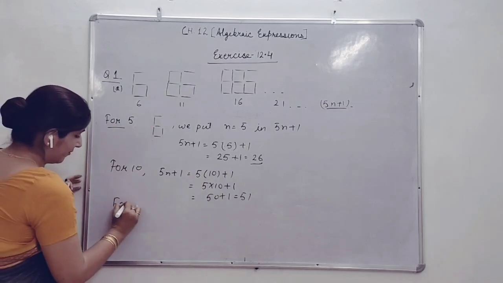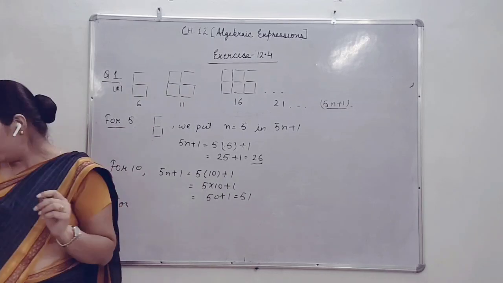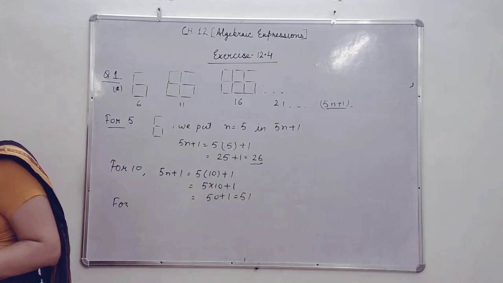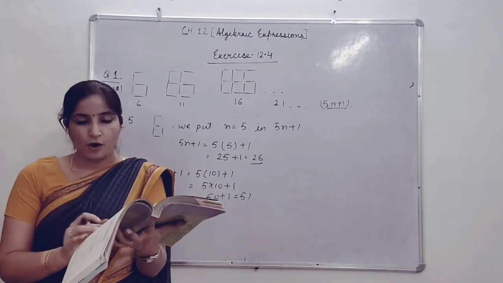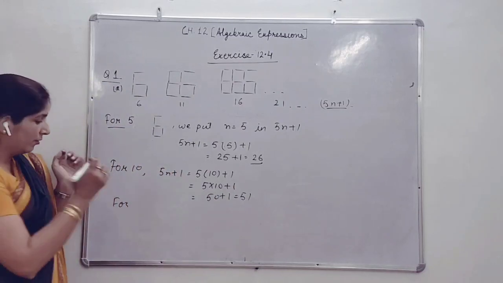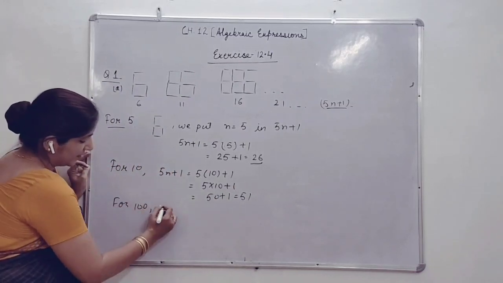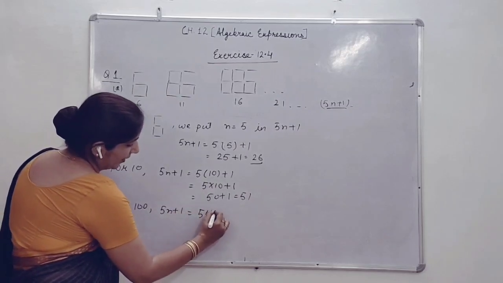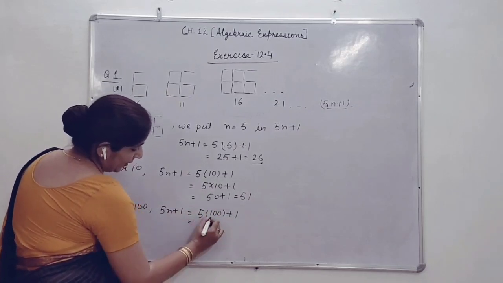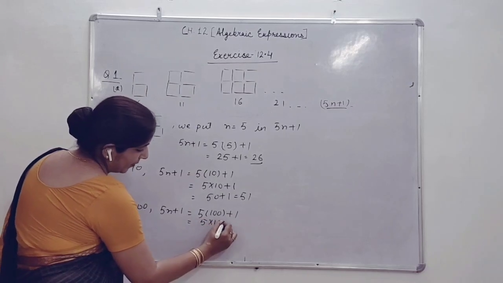Now next in your book it asks for 100. That is, how many segments are required to form 100 digits of this kind. So again, in place of n, put 100. It is nothing but 5 into 100 plus 1.